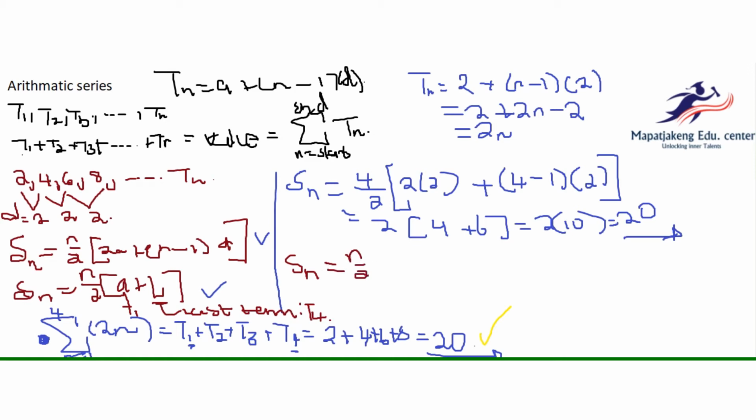Let's just substitute. We know what n is, there are 4 terms. Then we just count from 1: 1, 2, 3, 4. Then there are 4 terms. Into the first one, a is 2, plus the last one, how much? The last one we are using here is 8. Then 4 over 2 is 2, into the bracket which is 10, then this gives us 20.